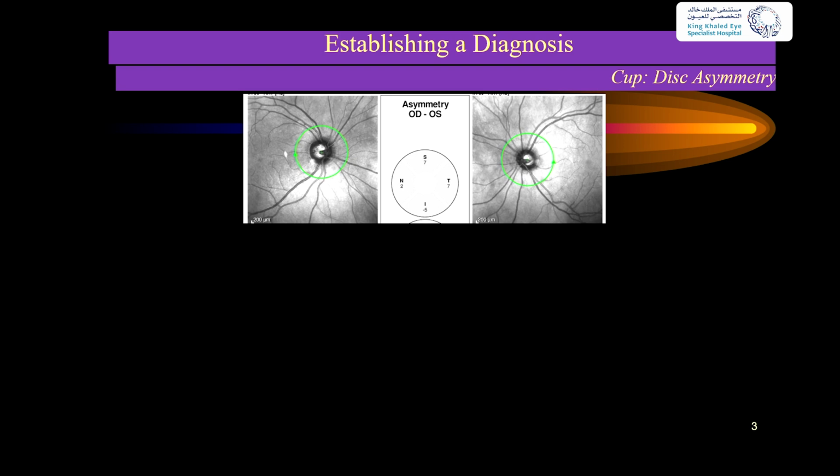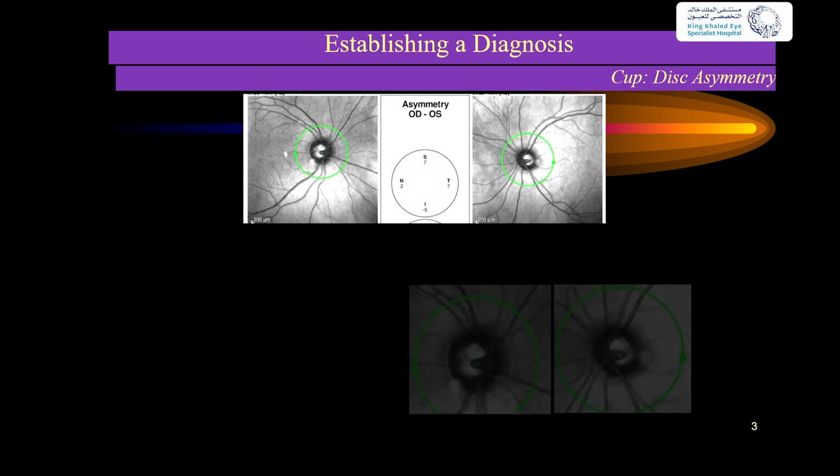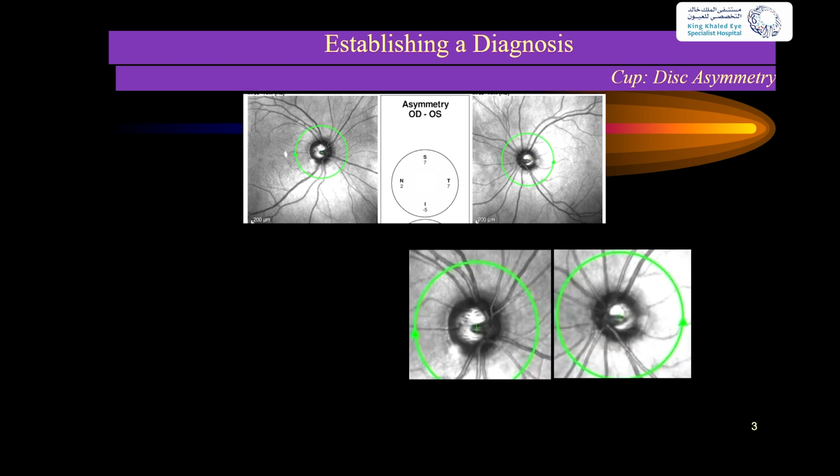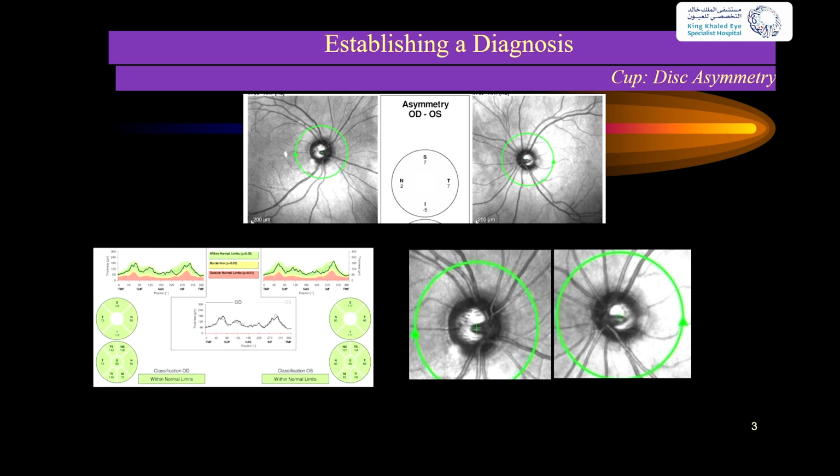Because once you look at the first optic nerve and then cross over the nose to the other optic nerve, a thousand thoughts have gone through your head, and you can't remember the cup or the size of the optic nerve of the first eye. So we need to see these two together, and that's why you can put these two together and see that the cup to disc asymmetry in this case is because of disc size asymmetry. And no wonder the nerve fiber layer is normal and symmetrical in both eyes.